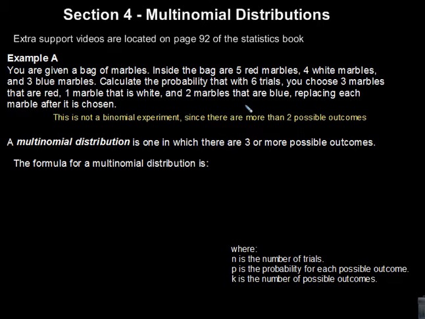Okay, so a multinomial distribution is one in which there are 3 or more outcomes. It's not just success and failure. It's, did I grab a purple one, or a blue one, or a green one, or a yellow one? Something like that. So we have a formula for that as well.